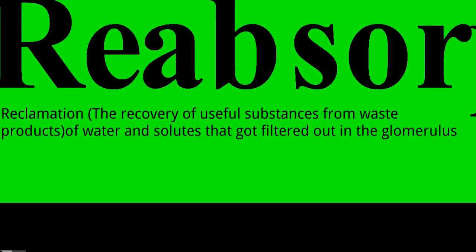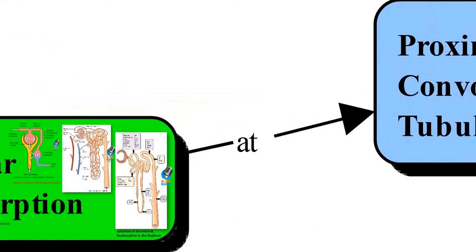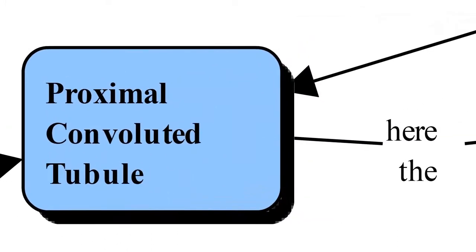That means bringing the useful products back into the body from the primary urine is called tubular reabsorption. That means reabsorption into the peritubular capillary network. This tubular reabsorption occurs at the proximal convoluted tubule of the renal tubule.